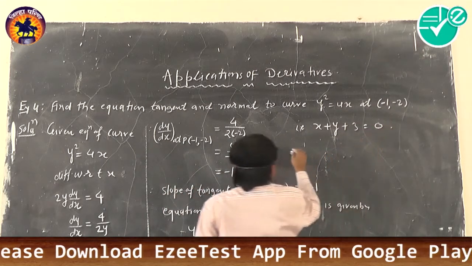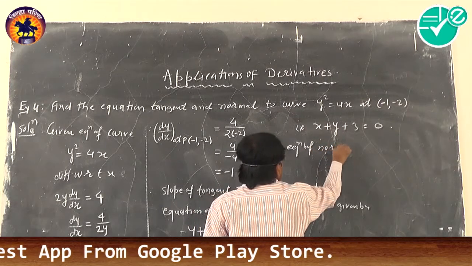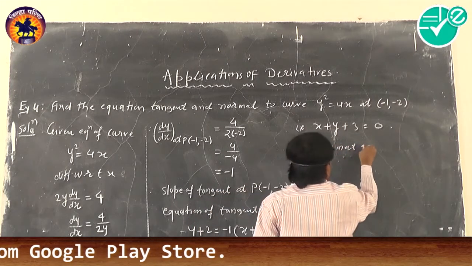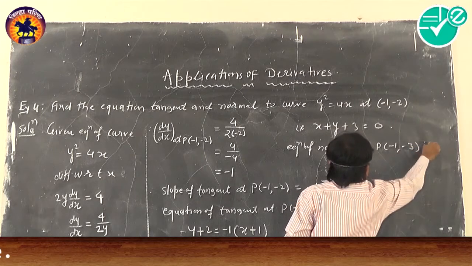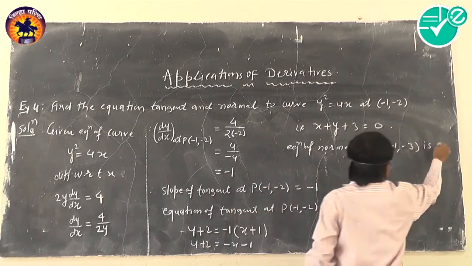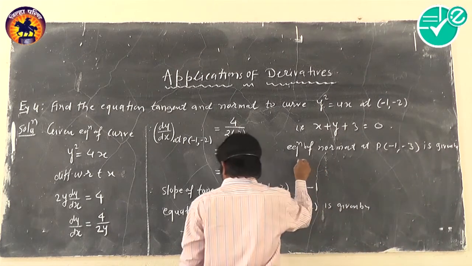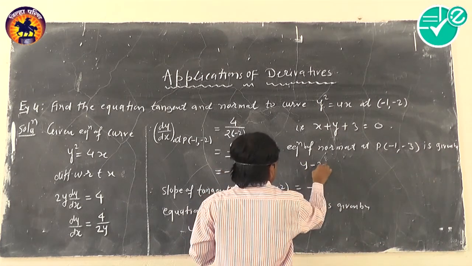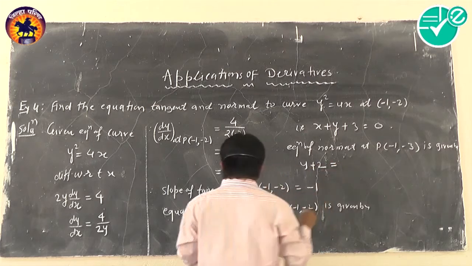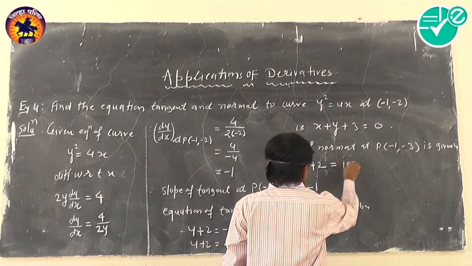And therefore the equation of normal at P(minus 1, minus 2) is given by y plus 2 is equal to the slope of normal into x plus 1. The slope of tangent is minus 1, therefore the slope of normal is 1.